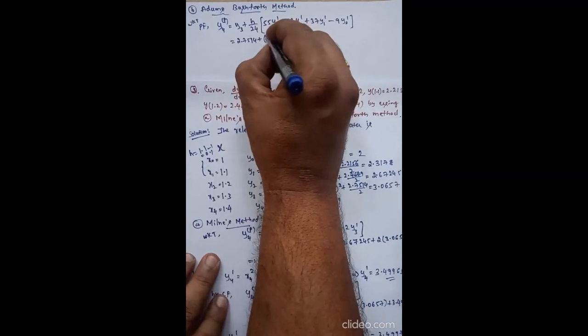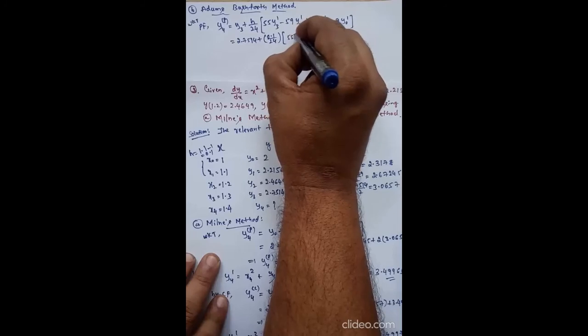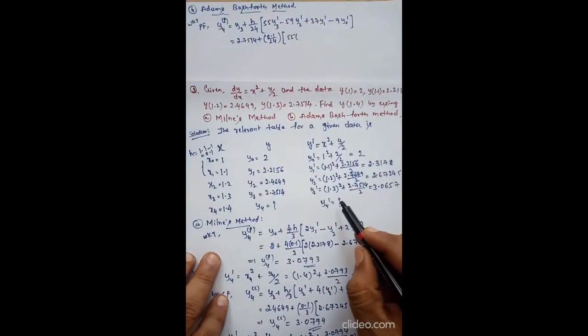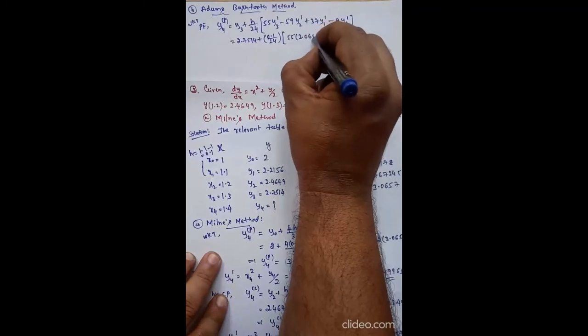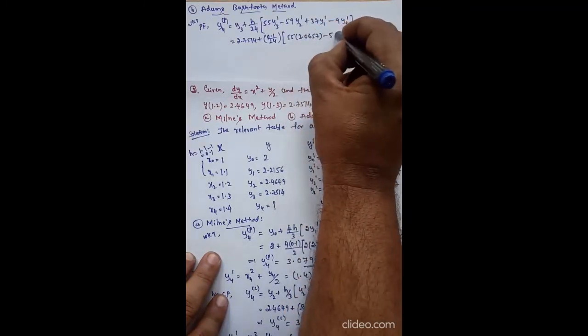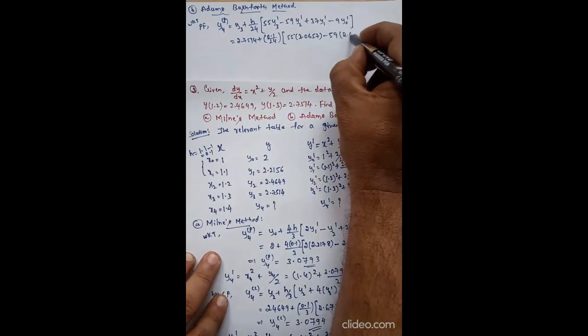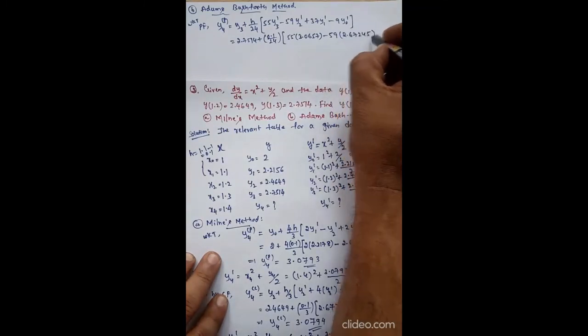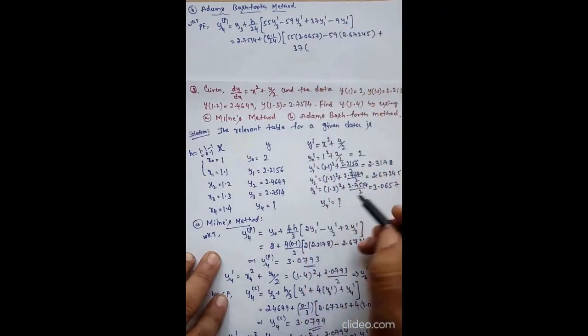2.7514 and h is 0.1 by 24 into 55 y3 dash. And what is y3 dash? 3.0657 minus 59 y2 dash. The y2 dash is 2.67245 plus 37 y1 dash.